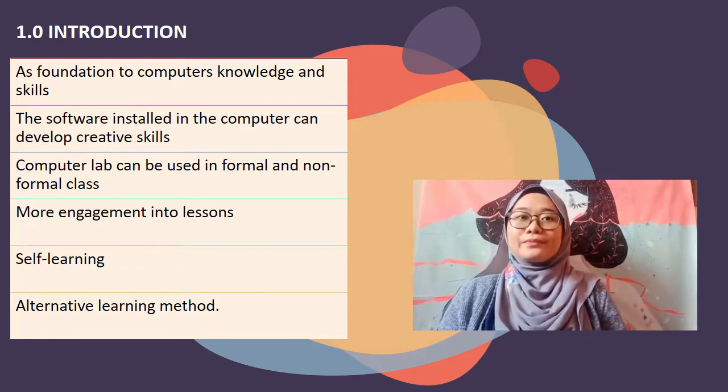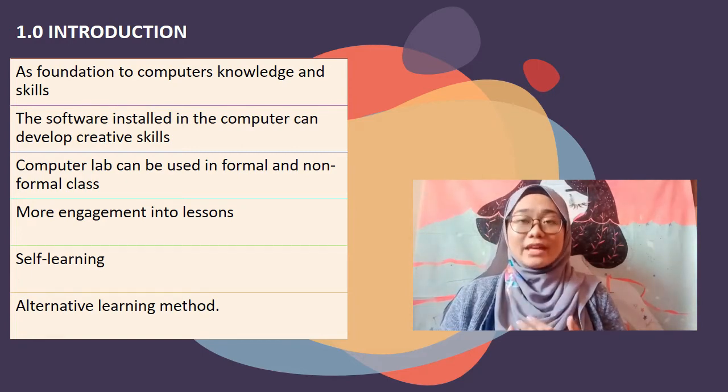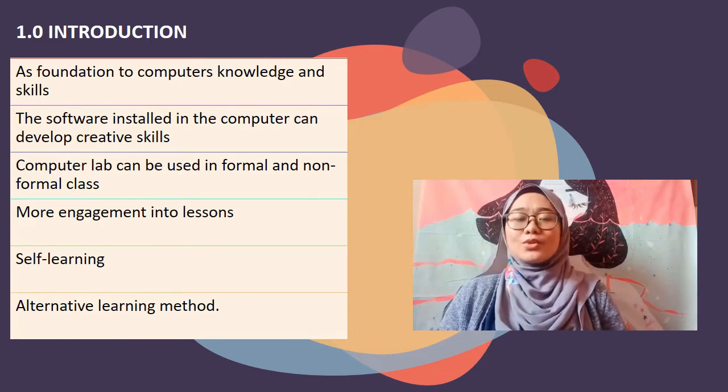By having a computer lab in school, students can also have more engagement in lessons, as using technologies in lessons can make the lessons more interesting. Students also can have self-learning on computer lessons depending on their learning speed.